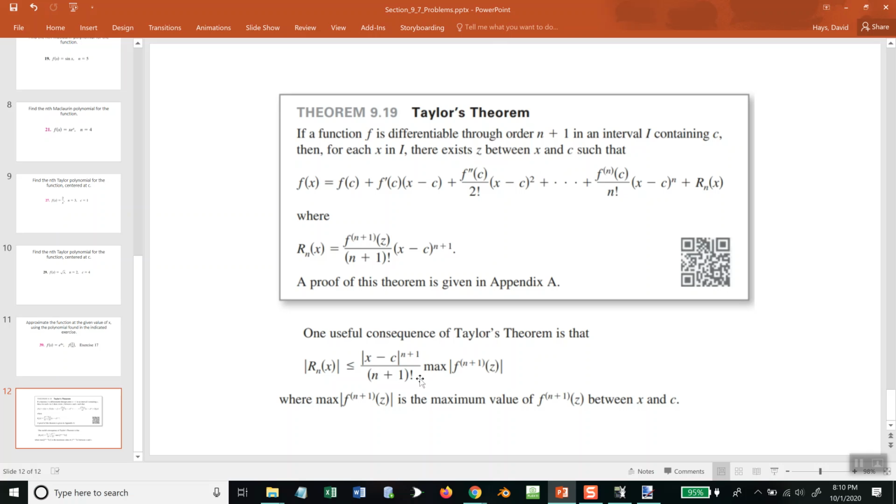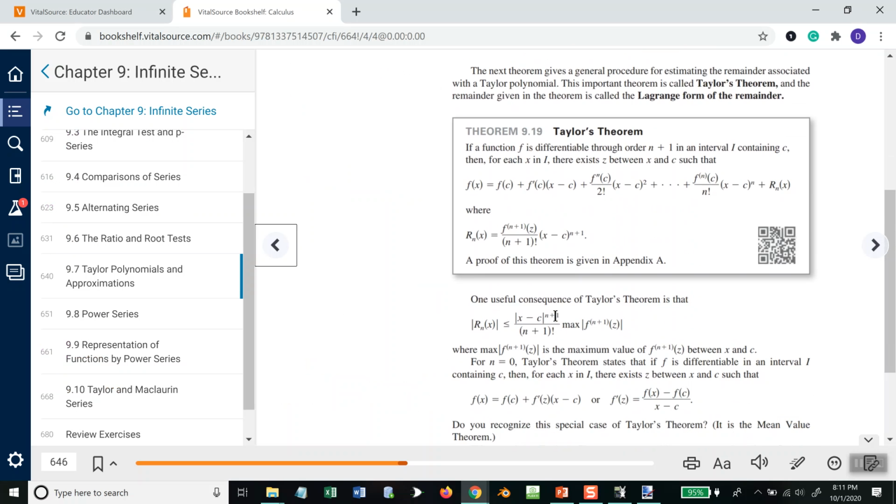It's a lot of work to just find a remainder. But you go through that, and then you have the absolute value of the remainder is less than or equal to a number. With the absolute value, you have the negative version of it on one side and the positive version on the other, and the remainder is somewhere in the middle.